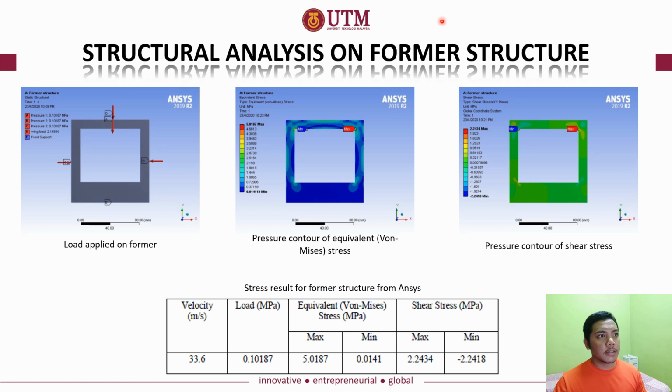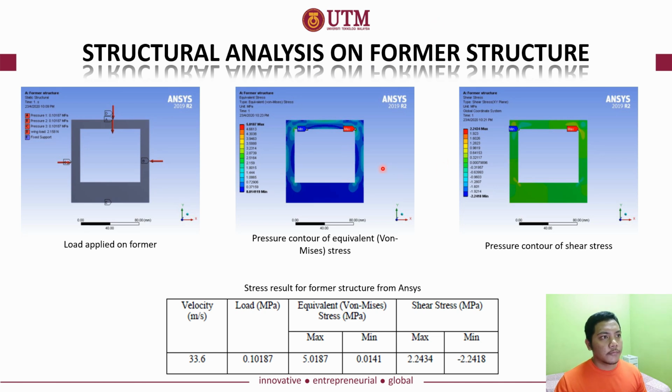For structural analysis, I use ANSYS in order to obtain the stress gained by the structure, and this figure shows how the load is applied on the former structure. There is an additional load acting here, which is from the weight of the wing.